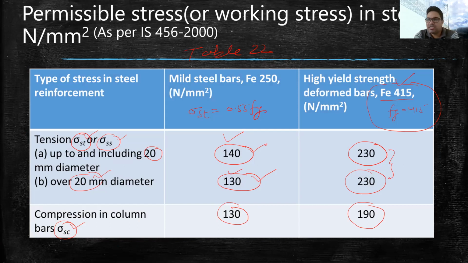So these values we generally use when we will be designing the structures, the columns and beams. Although in this course we will be designing only the beams, so these two values will matter more in this course. And in the next course we will be designing columns also. So in that we will be using these values.